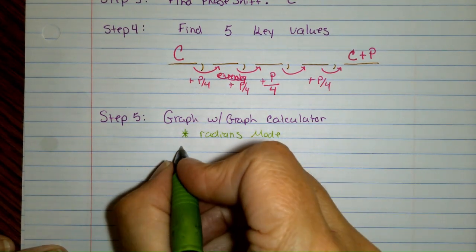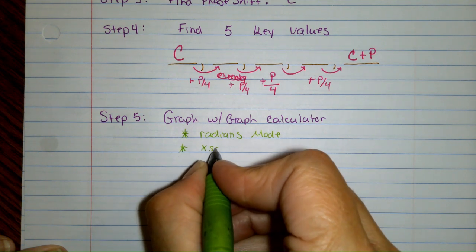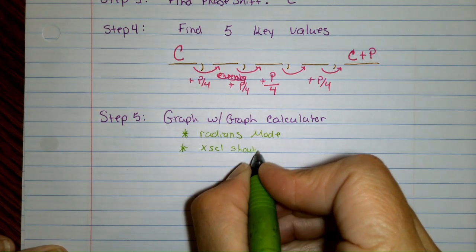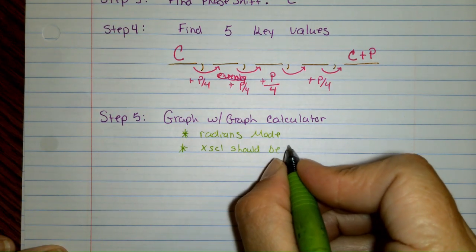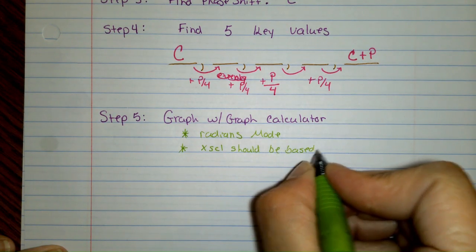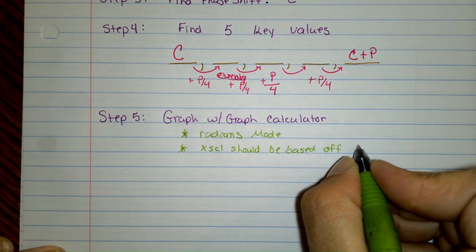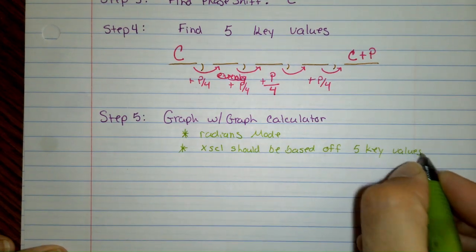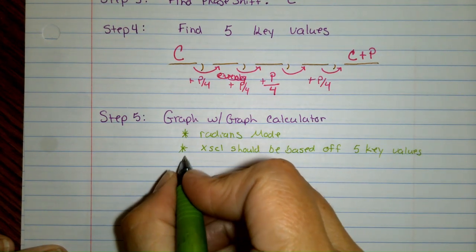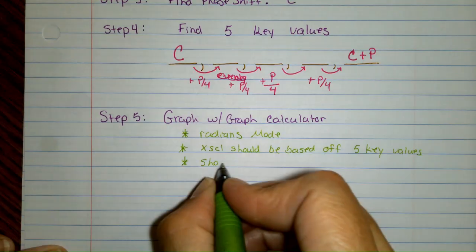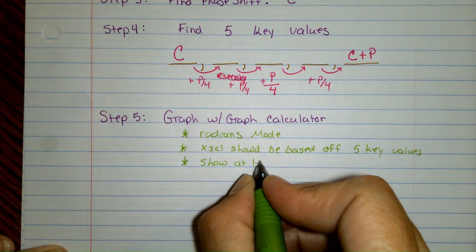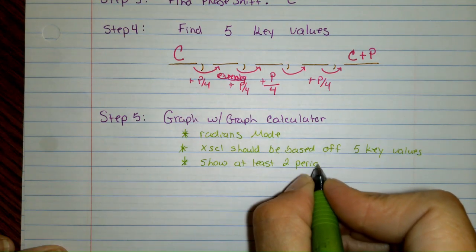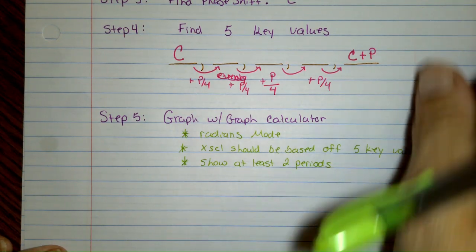Your X scale should be based off your 5 key values. And make sure you show at least 2 periods.